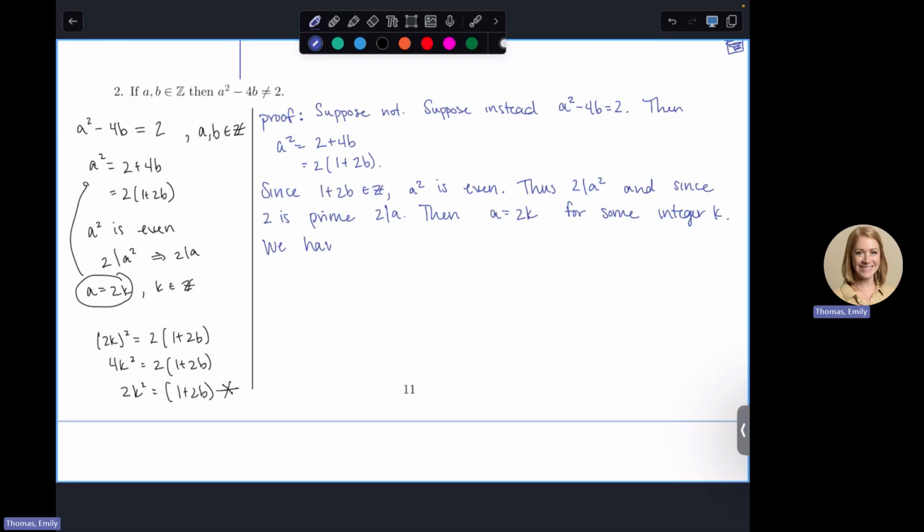We have a squared equals 2 times 1 plus 2b, which is going to be 2k squared, which is 4k squared, which is 2k squared equal to 1 plus 2b.